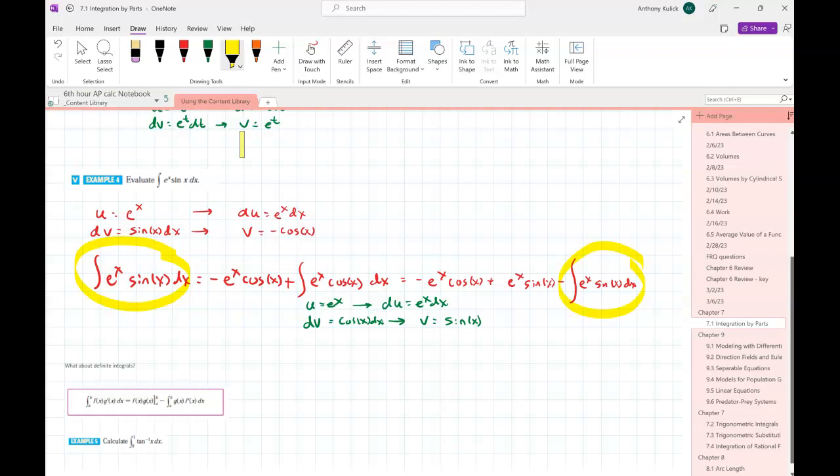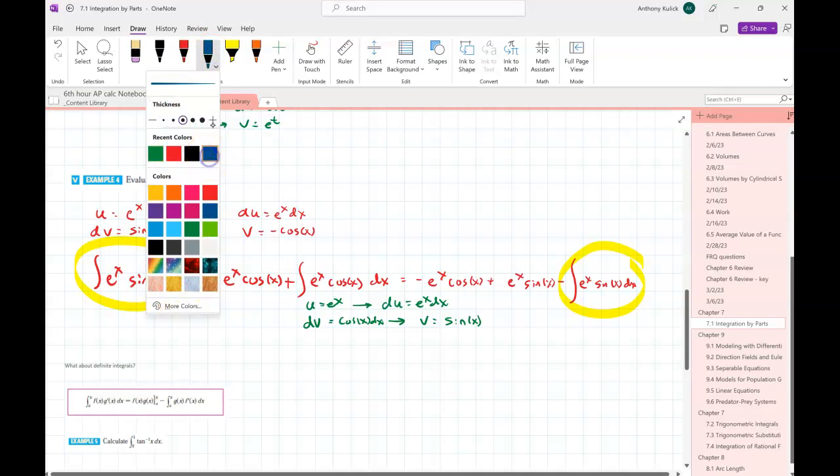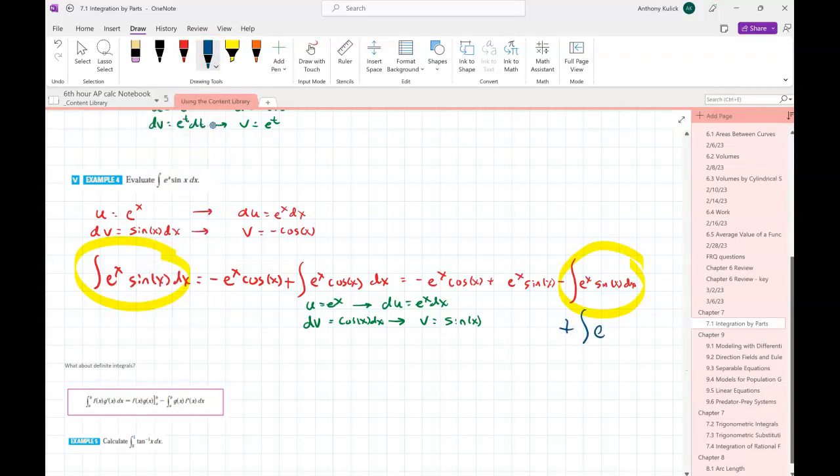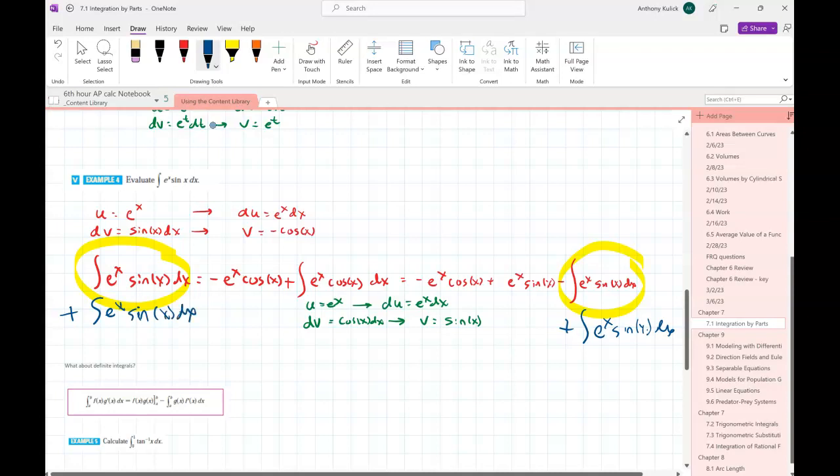Because this is all an equation, right? All this stuff is equal to each other. So just add that to both sides.